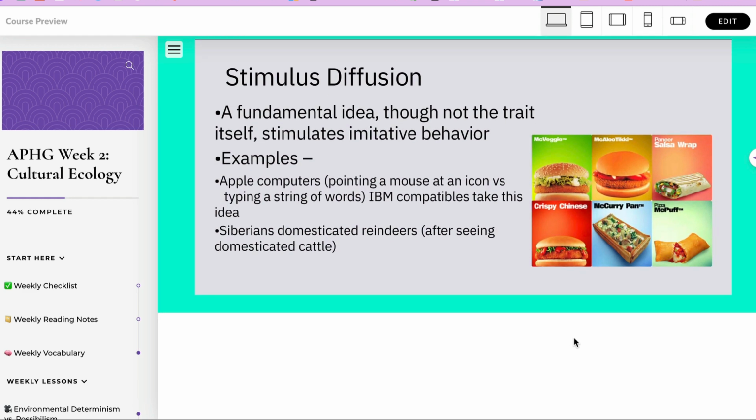Stimulus diffusion is the idea that something stimulated an idea in another. For example, Siberians saw domesticated cattle and then domesticated reindeer.